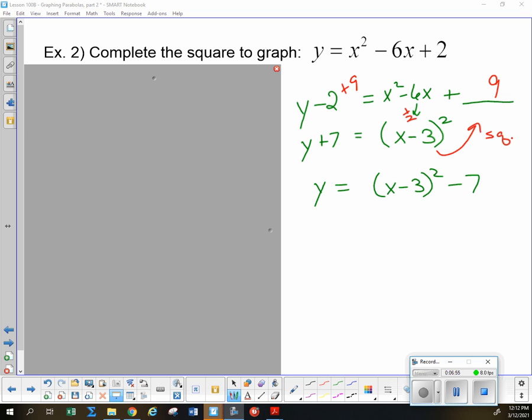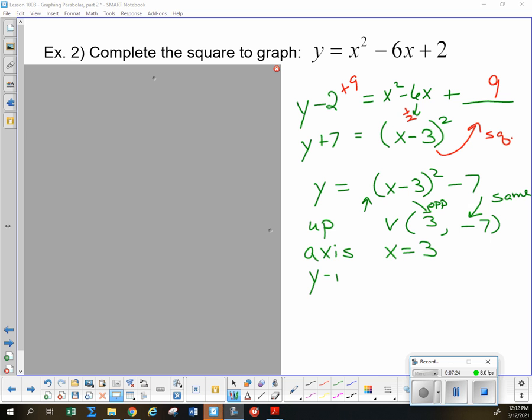That tells me this is positive, so it opens up. It tells me my vertex is the opposite of the negative 3, so a plus 3, and the same as what I had outside the parentheses. So my vertex is (3, negative 7). That means my axis will have to go through that point, so it will be x equals 3.